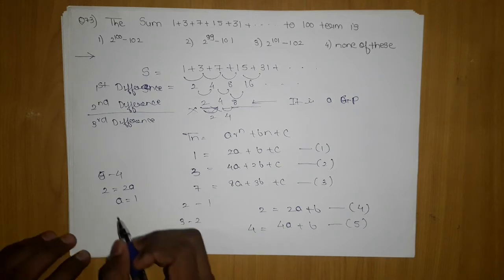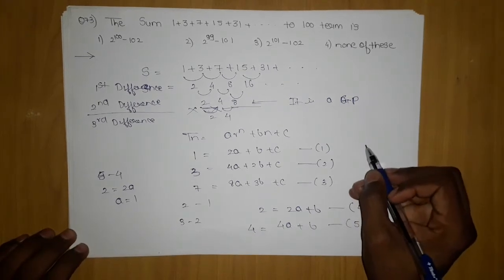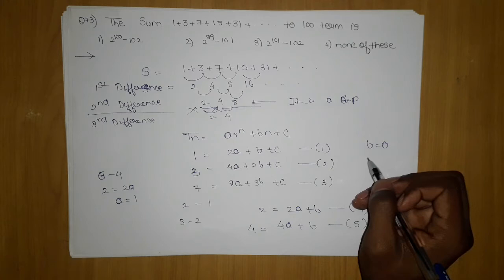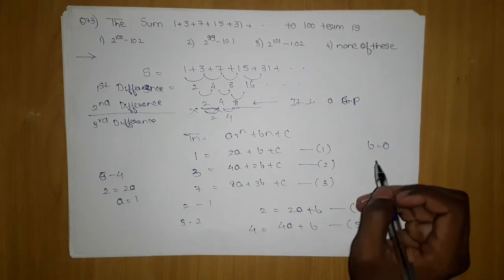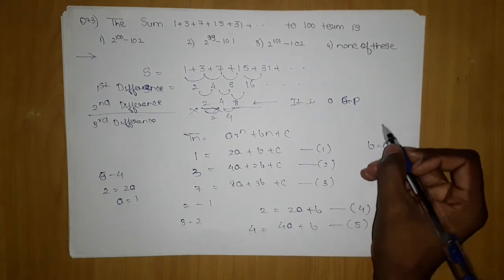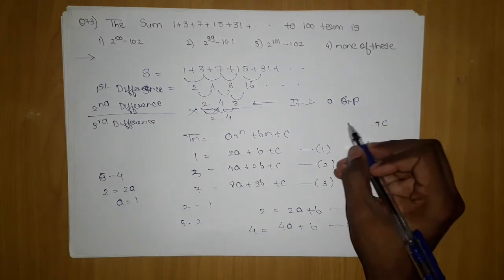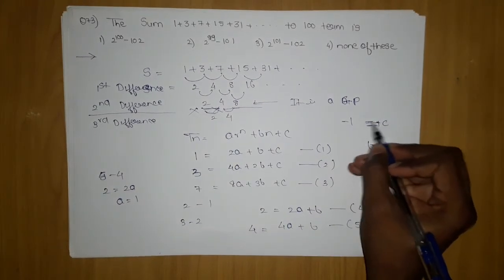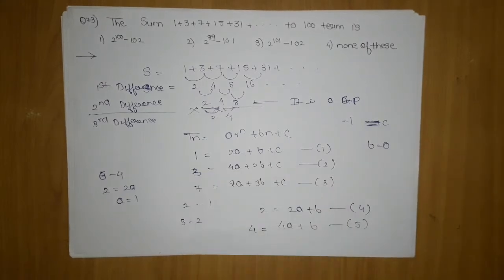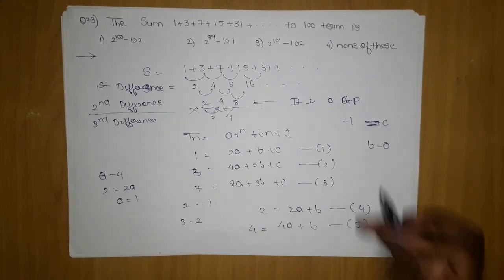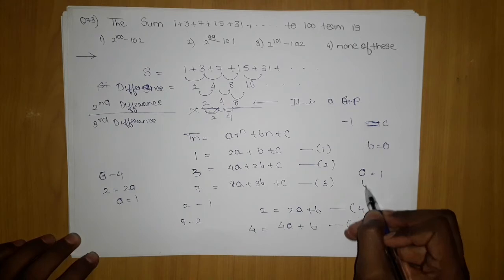Similarly, I will put a equals 1, giving me b equals 0. And then, since I have got a and b both, I can find the c value. Since b is 0 and a is 1, minus 1 is my c. So c is minus 1, a is 1, b is 0.